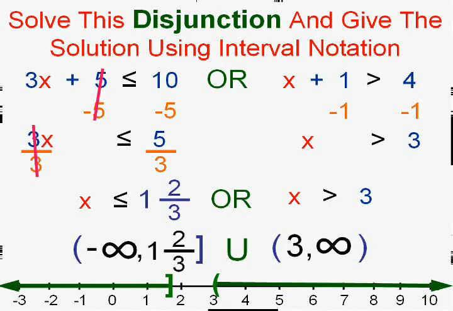And basically we just union the two answers, I hope you appreciate. From negative infinity to 1 2/3, unioned with from 3 to positive infinity. Note also that every time we use infinity of any kind, we have a rounded parentheses. Okay?